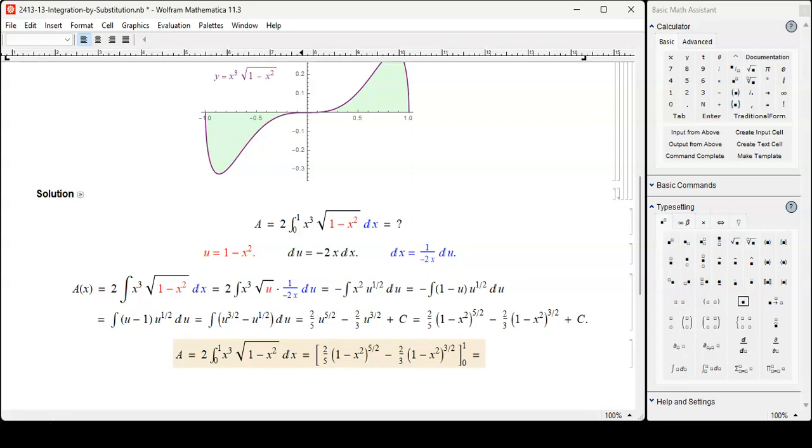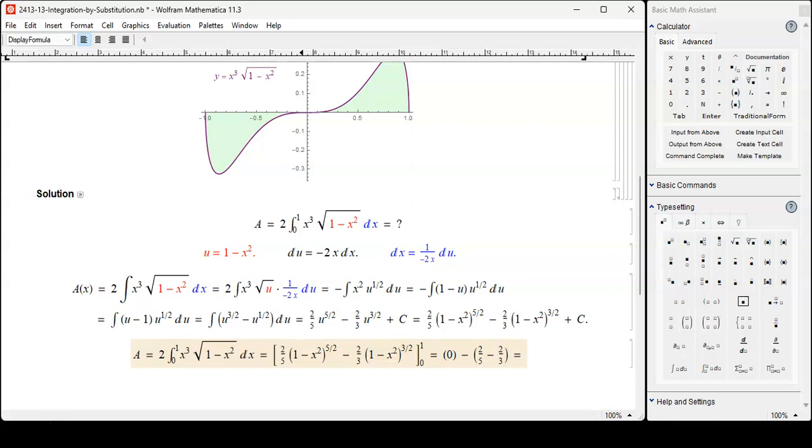Okay, that's the computation you have to do. So plug in 1, and you're going to get 1 minus 1, so that's going to be 0. Plug in 0, then we're going to get 2/5. And 1 to whatever power is just 1, so 2/3.